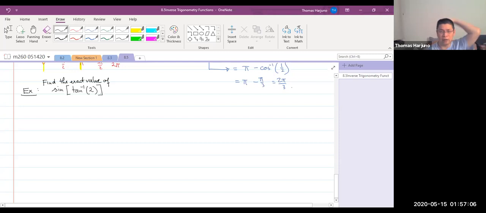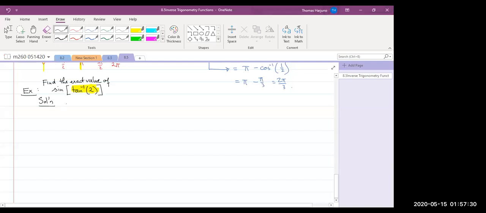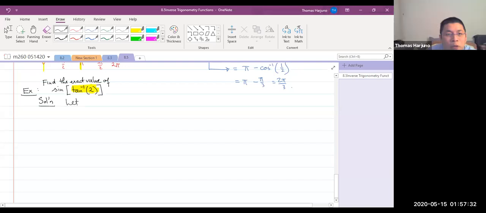Now, 2 is a positive number, such that tangent inverse of 2 will be in which quadrant? It must be in quadrant 1, right? Because it's positive. Tangent inverse of a positive number must be an angle in quadrant 1.